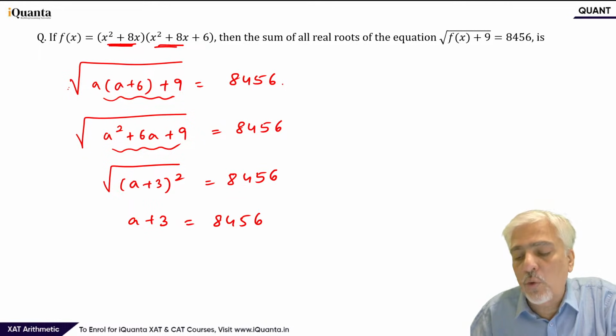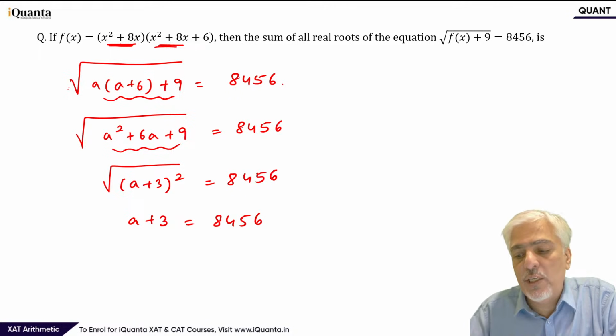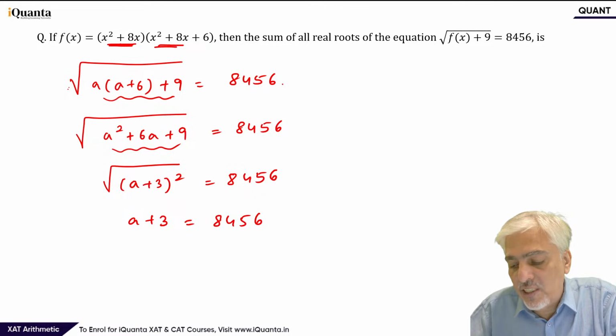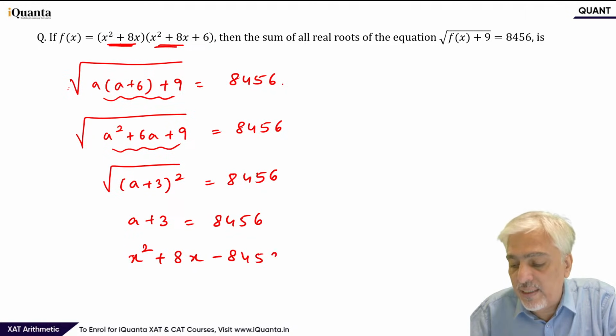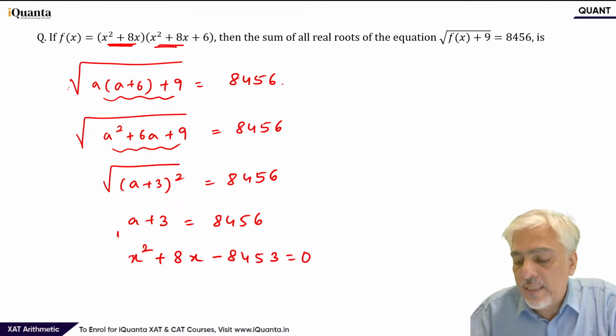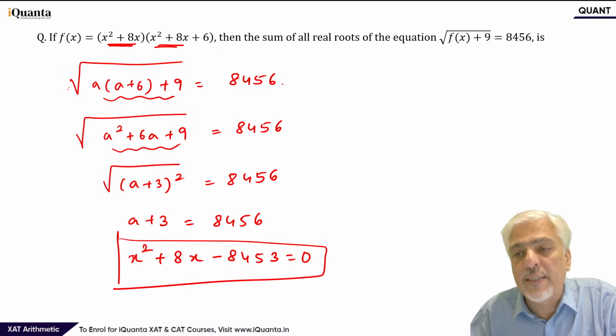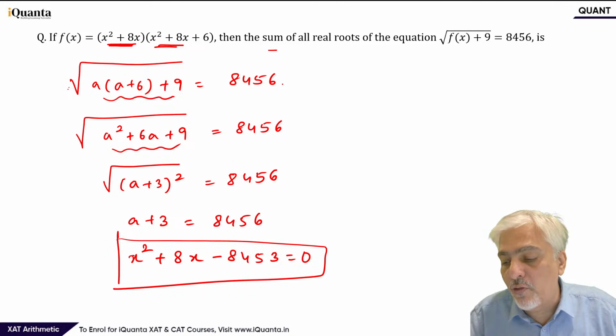What was a? The value of a was x square plus 8x. So I'll get x square plus 8x plus 3 minus 8456, that is minus 8453 is 0. Now this is the equation. You're not supposed to solve it. They want to find the sum of all real roots.